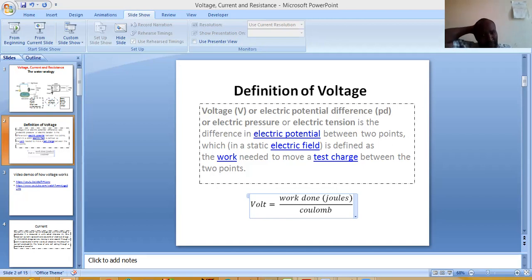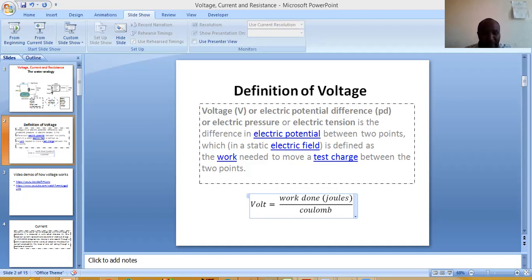Now, further, through simple algebraic manipulation, we can show that current can be given by the square root of power over resistance, or the ratio of power by voltage, or the ratio of voltage by resistance.